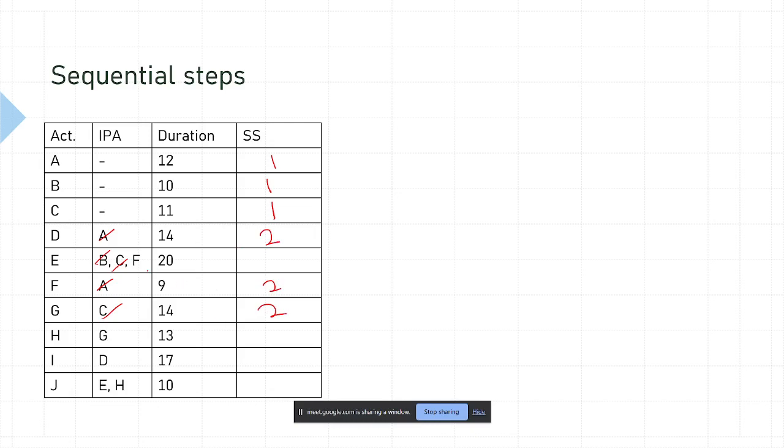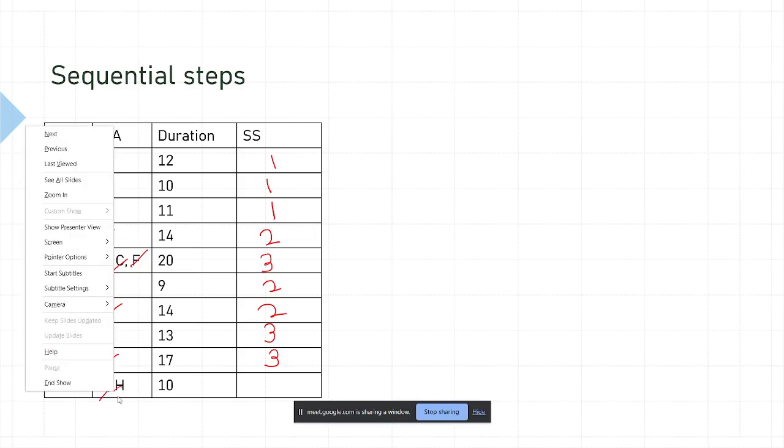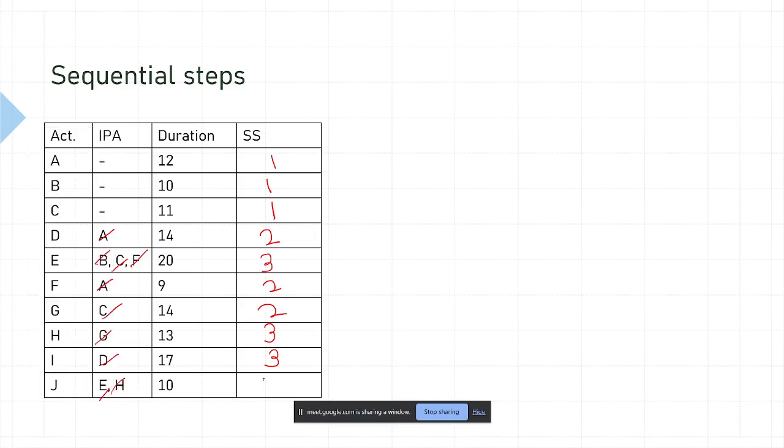Is this correct? F is 2. Yes, sir. H will be 3, right? I also 3. I, E and H. I will be 3, yes, sir. Okay. So now we have got 4.